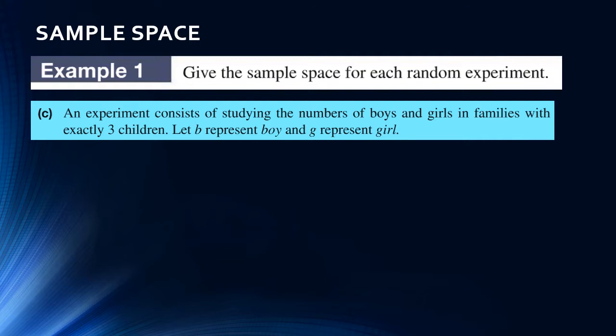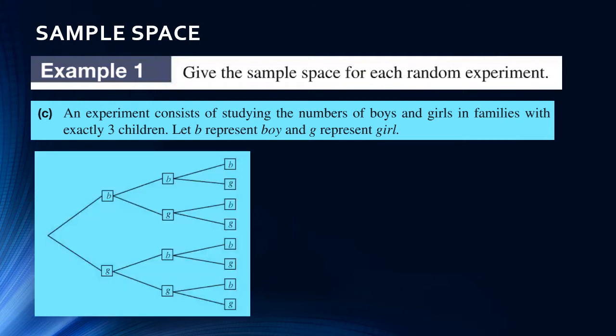Well, the second kid can be a boy or a girl too, and the third kid can be a boy or a girl. So I have all these different combinations because I could have boy, boy, girl, or boy, boy, boy, or boy, girl, boy, etc. So it gets hard to figure these out.